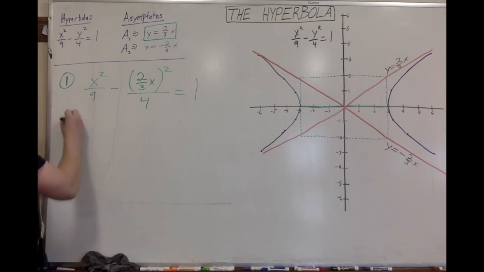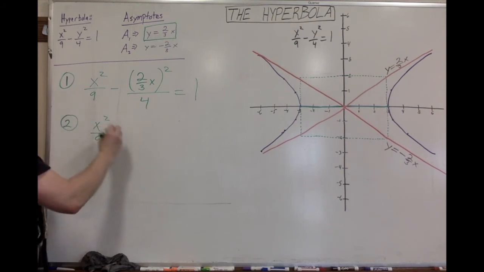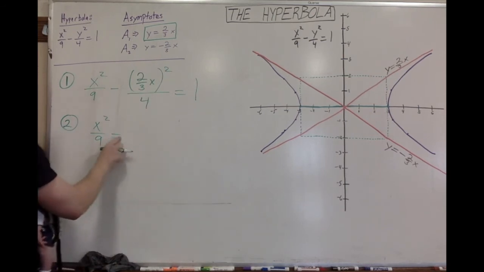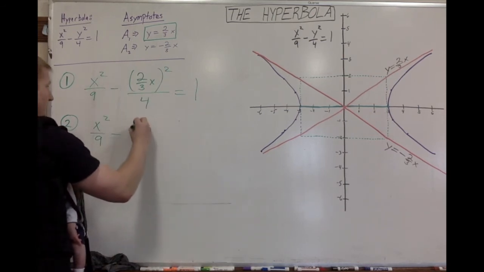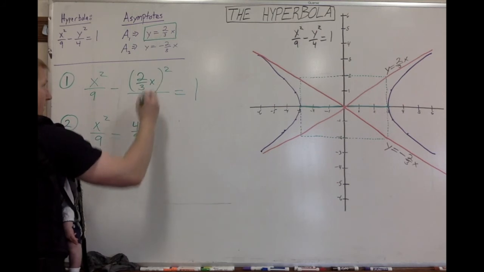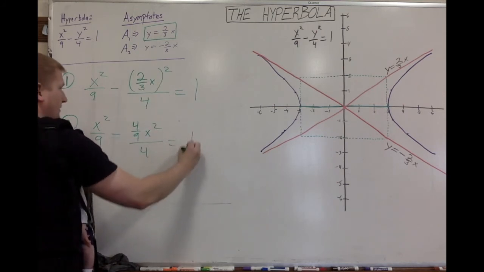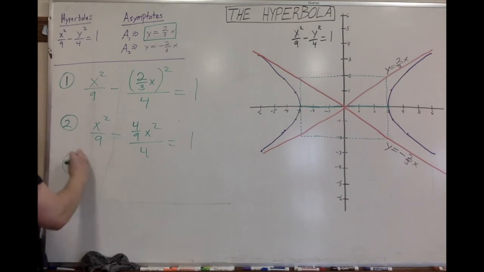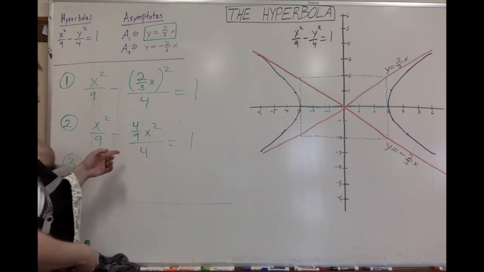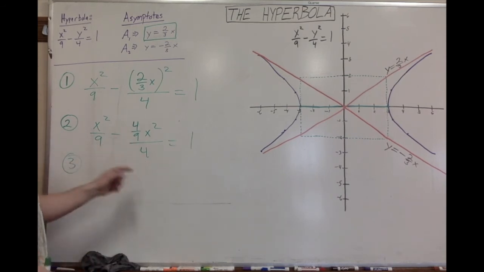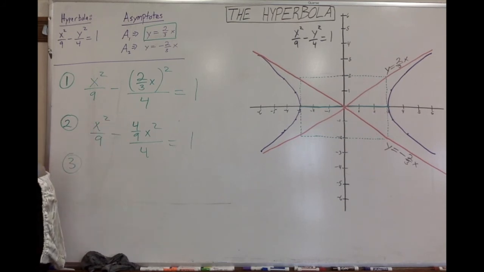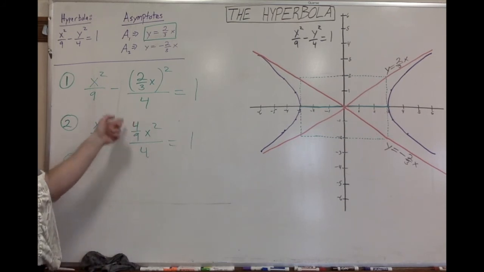Step 2, we're going to have x squared over 9, that doesn't change. 2/3 squared is going to be 4/9. x squared is going to be x squared, and then that's all over 4. Okay, easy enough. And then third step. All right, let's try to simplify this business because we have a fraction in the numerator. So all of this is divided by 4.